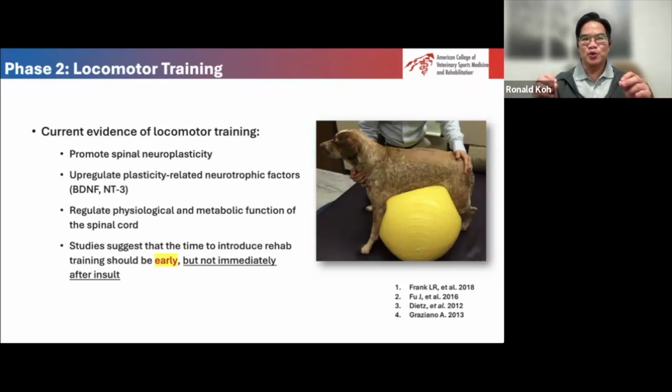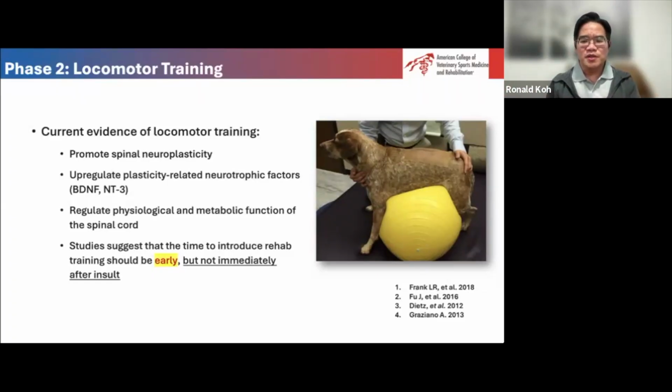Even though we still need to do more study on dogs and how locomotor training could help improve mobility, if you talk to any physical therapists or anyone that does neuro rehabilitation, locomotor training is absolutely important because it promotes spinal neuroplasticity, which is essential to waking up the spinal circuits that control stepping.